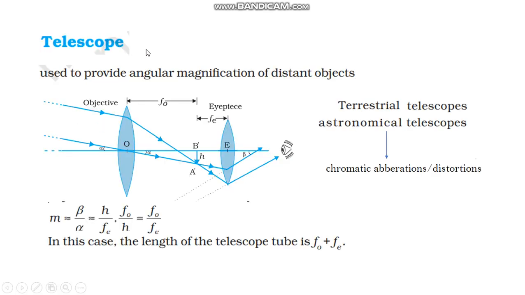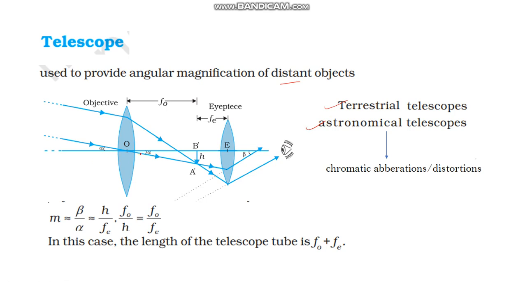So the microscope is one type of optical instrument. It has two types, simple and compound. Then the telescope is used for viewing distant objects. There are two types, terrestrial and astronomical. It is basically the reverse of the compound microscope.